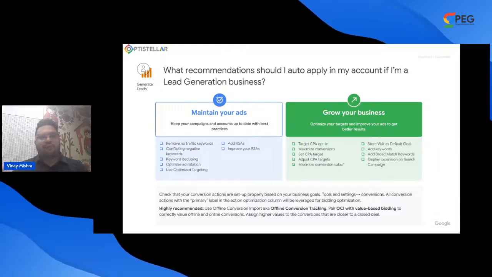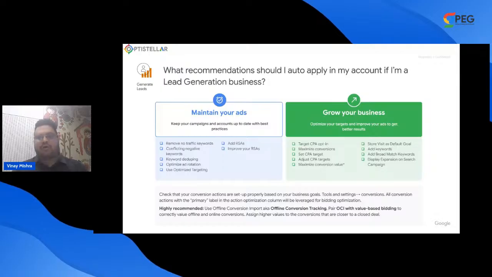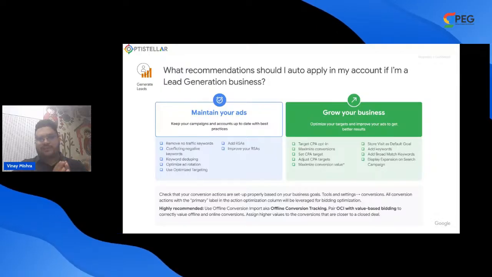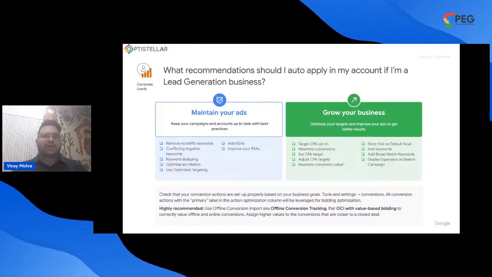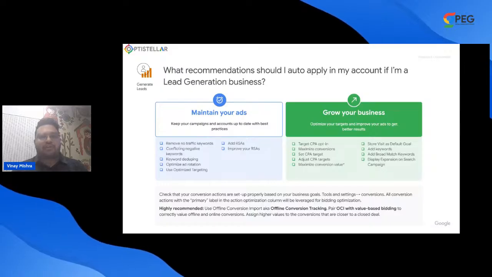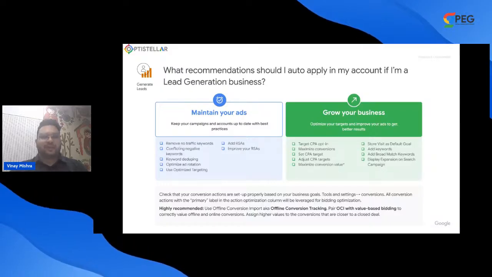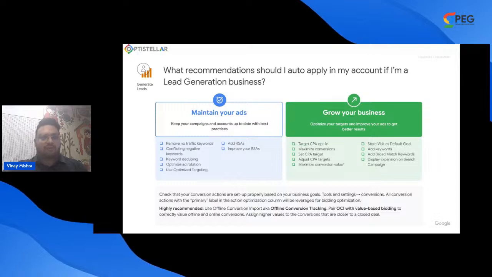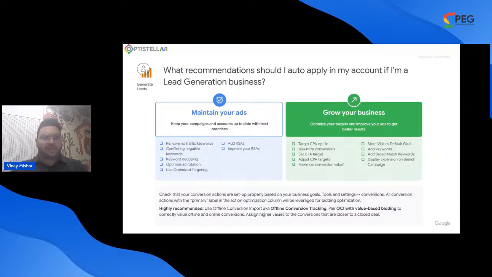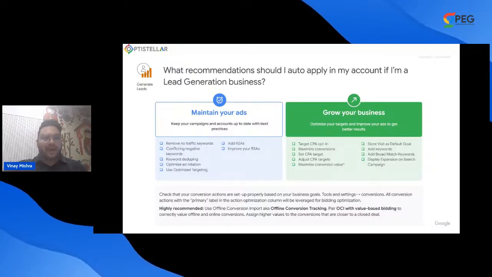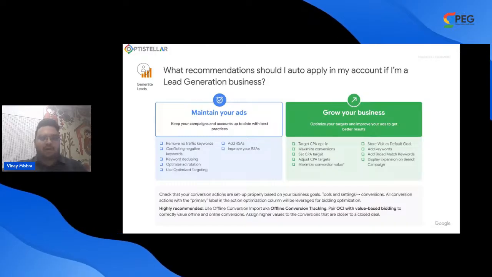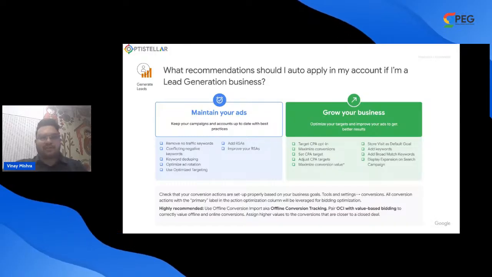And when you're driving towards growth, once the best practices have been set in the right place, you can shift towards the growth aspect of your business. Auto apply recommendations will suggest you use maximize conversions, and if you have a target CPA, then you can align your target CPA. And let's say you have a search campaign where you want to expand the reach to the display network as well, where we are enhancing our expansion to display.